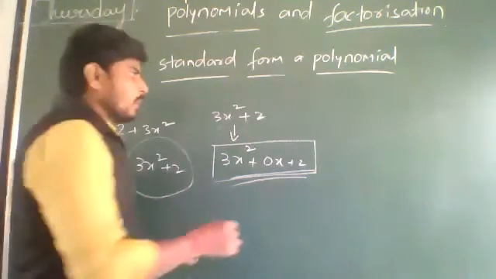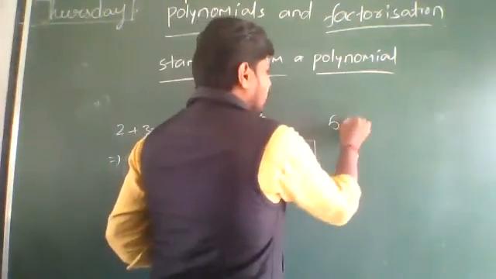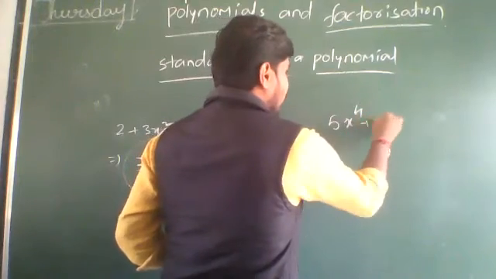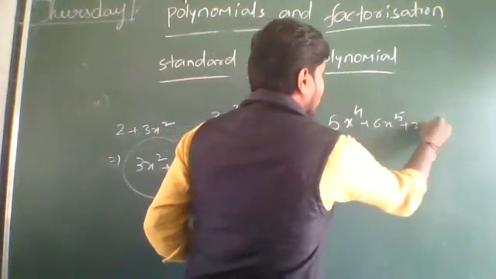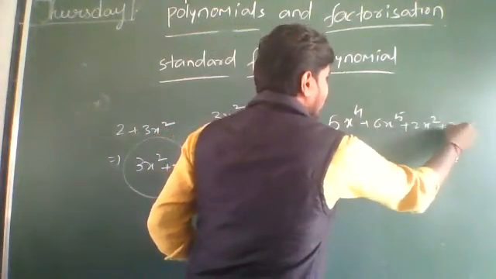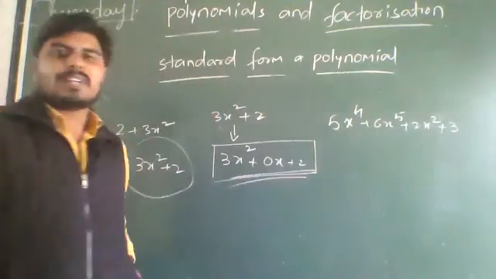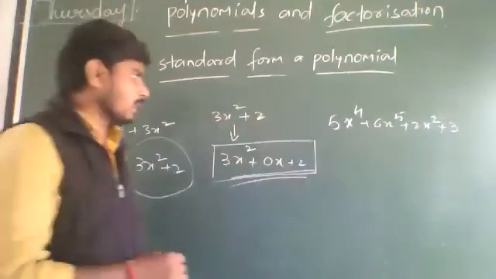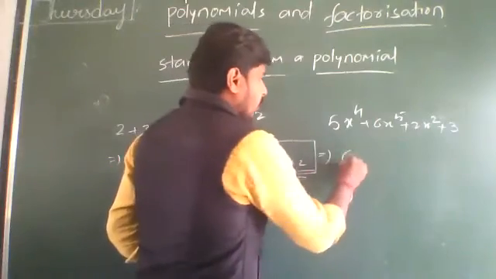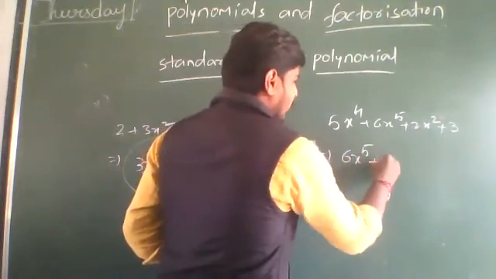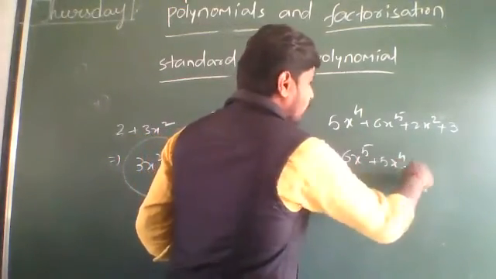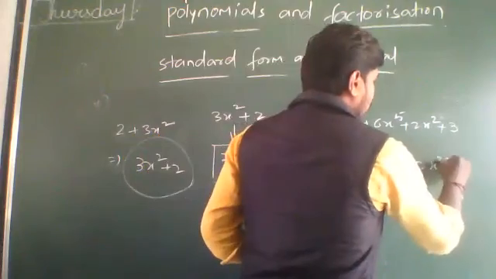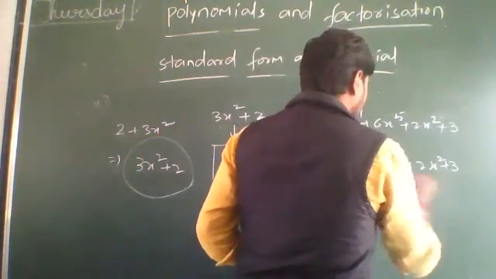Suppose I give you 5x power 4 plus 6x power 5 plus 2x square plus 3. Is it in standard form? No, sir. Then how is it? The standard form is 6x power 5 plus 5x power 4 plus 2x square plus 3.